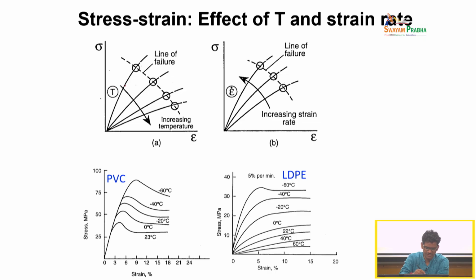This stress strain curve is not universal. As much as it depends on the type of material, it can also depend a lot on temperature. It can also depend on the rate at which it is strained. For example, in this figure we change the temperature, increasing it in this direction.